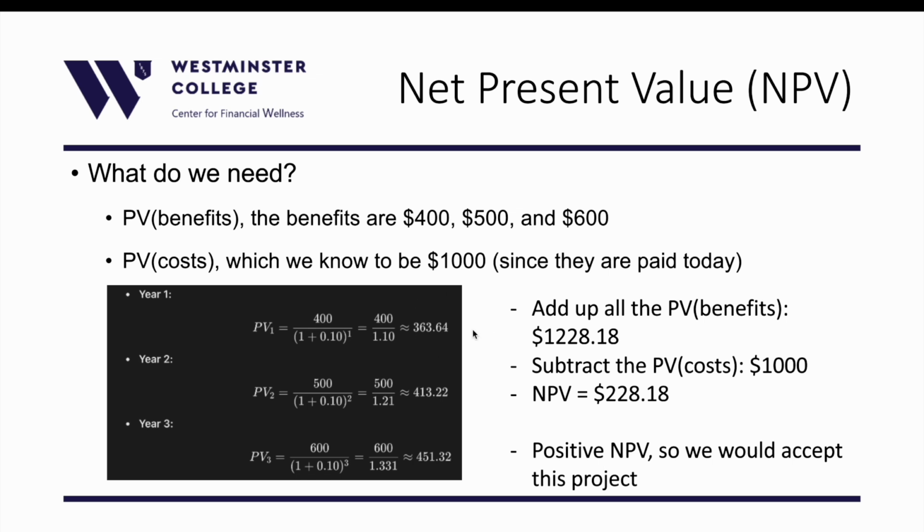So the present value of this $400 is $363.64. Then in year two, we do the same thing, the $500 that we expect to receive, 10% discount rate, and it's discounted for 2 years, and its present value is $413 there. Same for the third year. Now, we add up all those present values, and we get $1,228.18. That's the present value of all the benefits that we expect to receive from this investment.